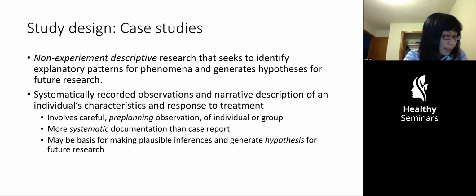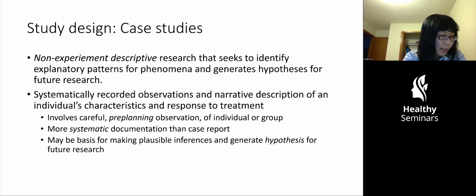So typically the method to doing this is to record observations and provide narrative descriptions of the patient's characteristics and how they respond to treatment. The documentation provides a basis to infer the relationship between the observed characteristics, the symptoms that may be there, the details of the treatment, and then what the outcomes are.